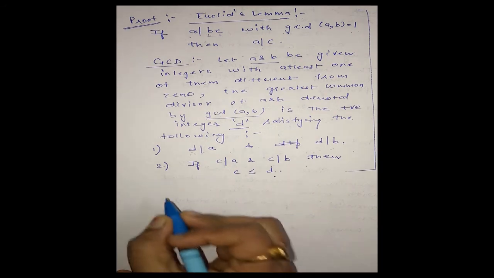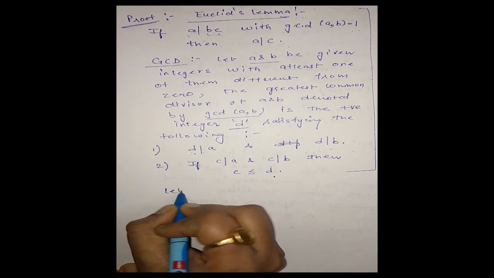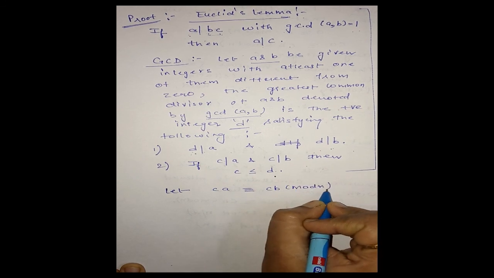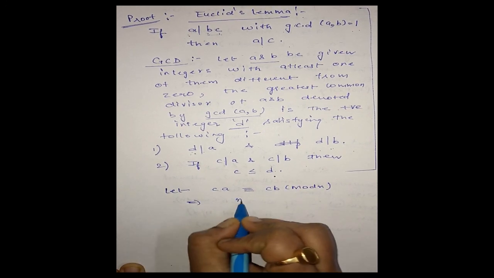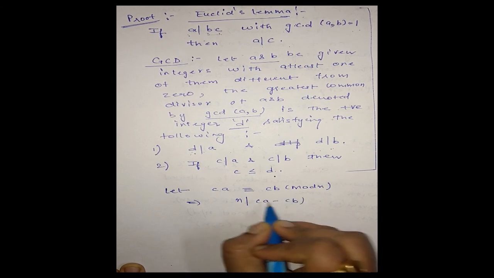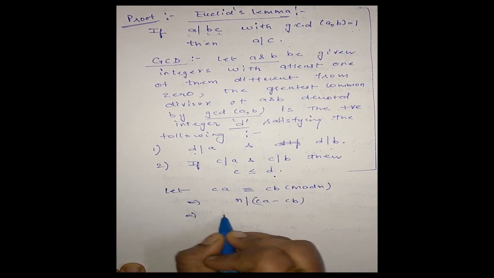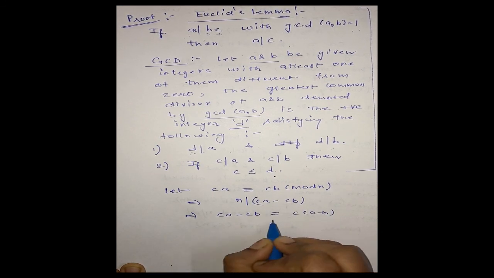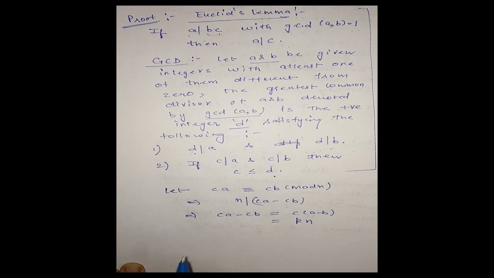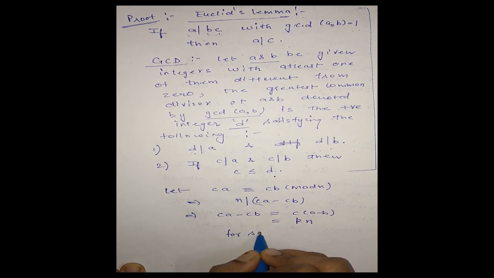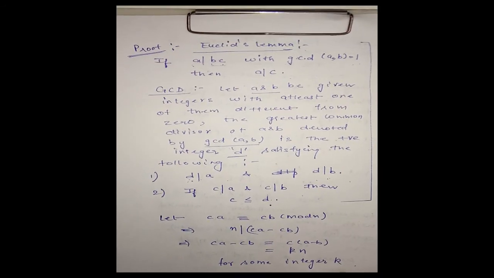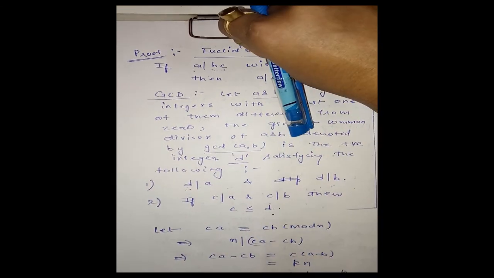Now we come to the proof. Let CA be congruent to CB modulo n. This implies n divides CA minus CB, so CA minus CB is equal to kn for some integer k.